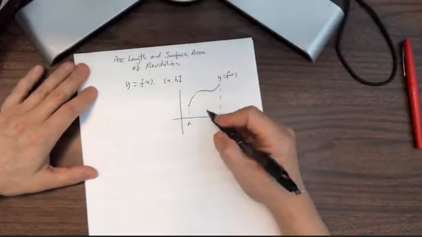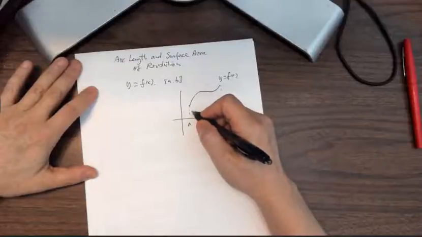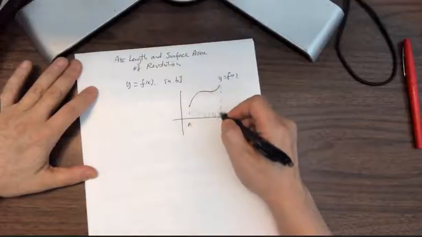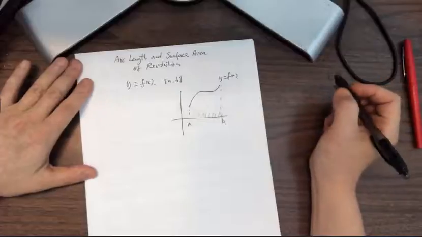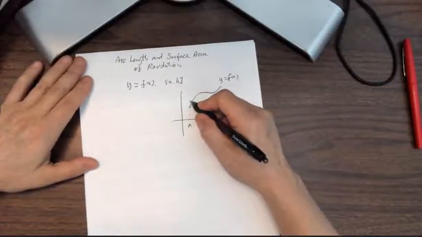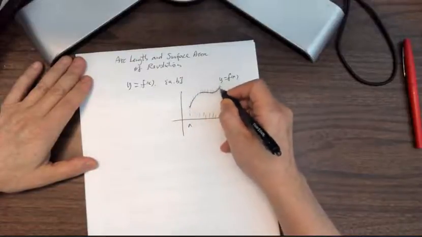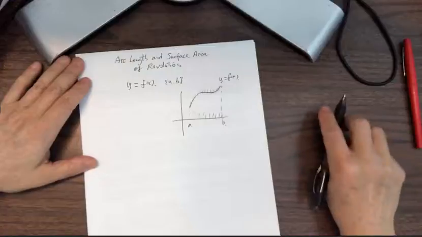Then what we do is what we always do. We slice the interval A to B into infinitely many sections. Accordingly, the arc is cut into infinitely many pieces.